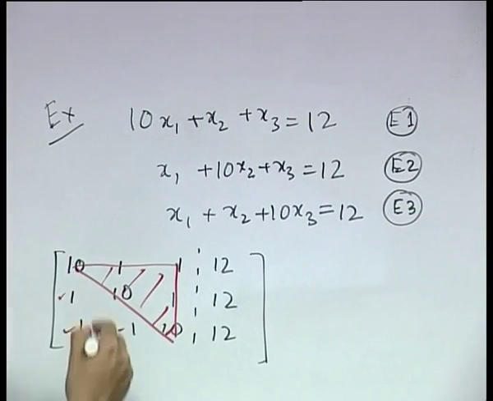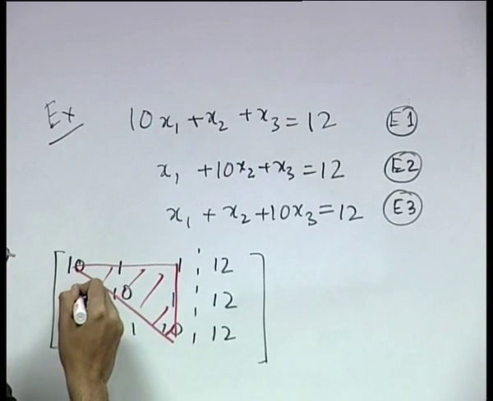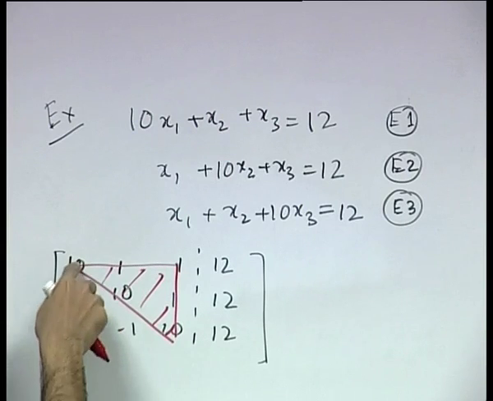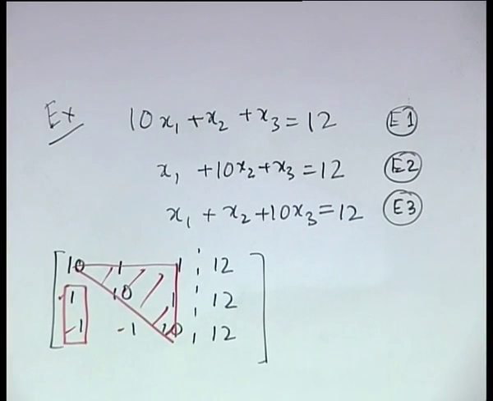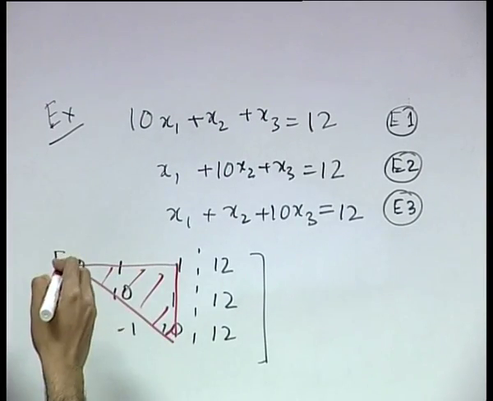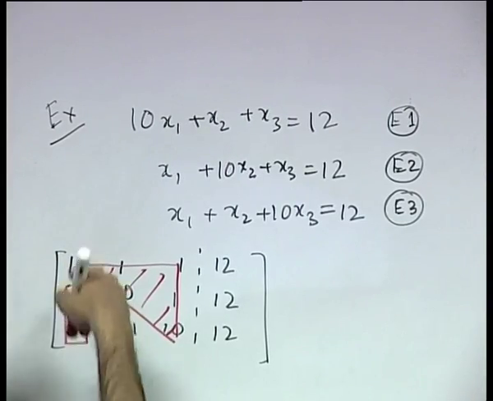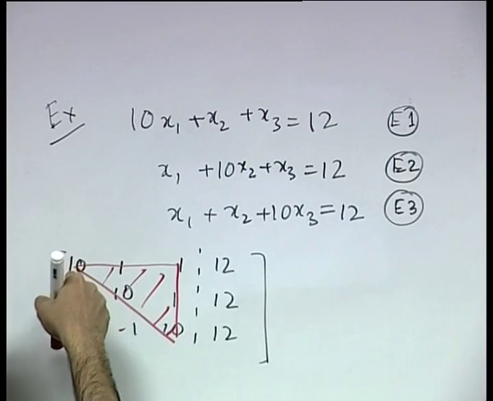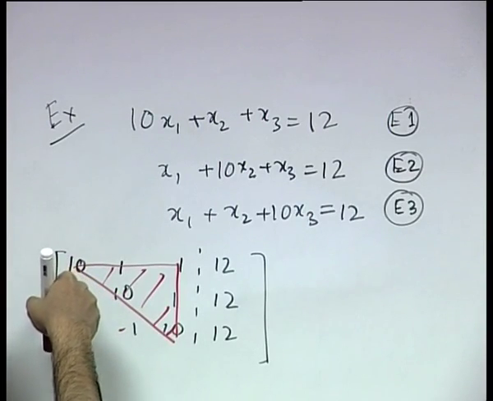First we will convert the terms in the first column below the diagonal to 0. To do that, we will take the first row as the key row, using which we will eliminate these ones to make them zeros, and that key row we call the pivotal row.